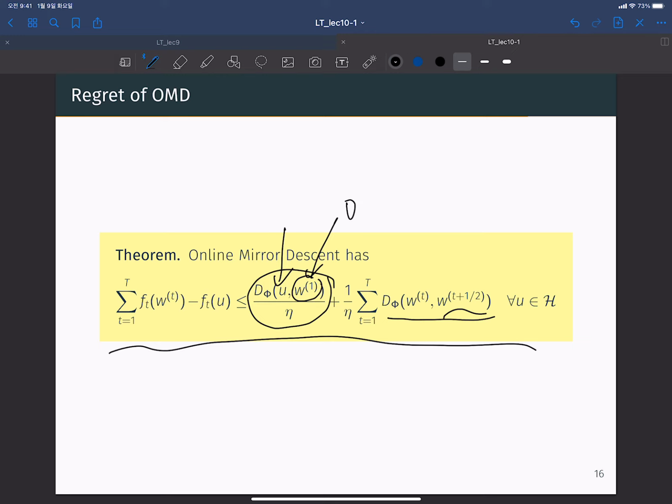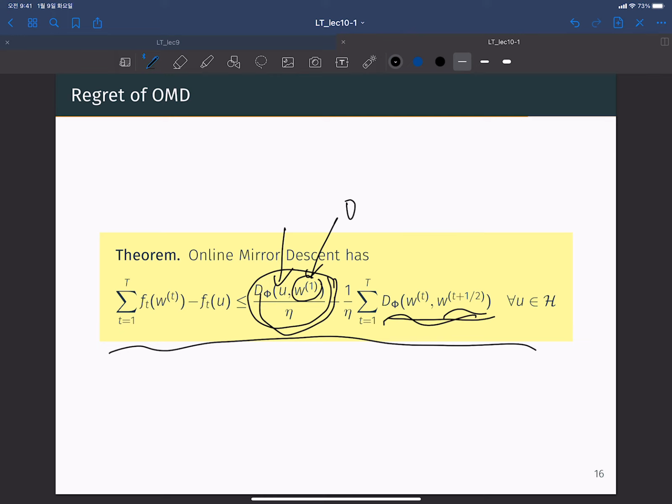So this tells us the stability of our algorithm: how much Bregman divergence every mirror descent update changes. And this term tells us the diameter of our hypothesis space.